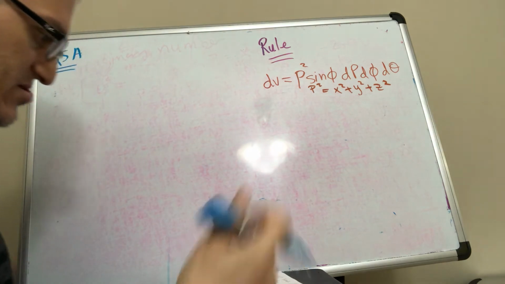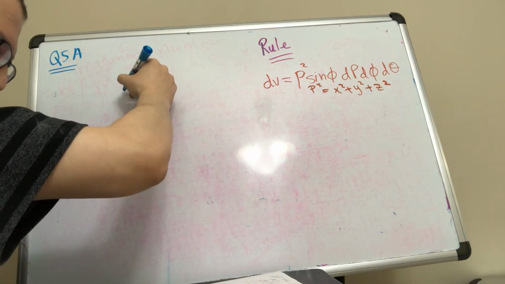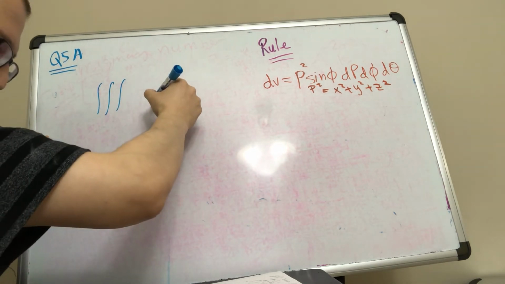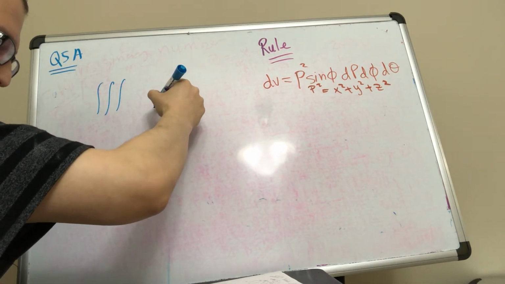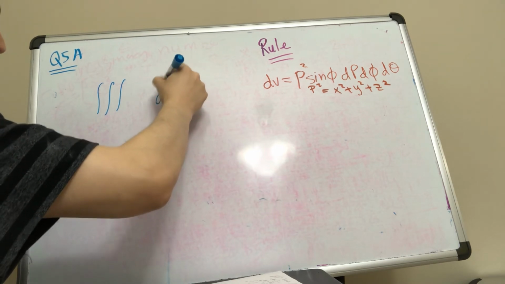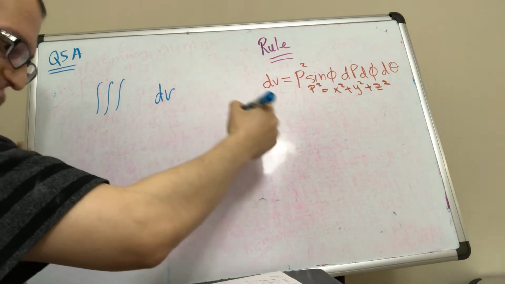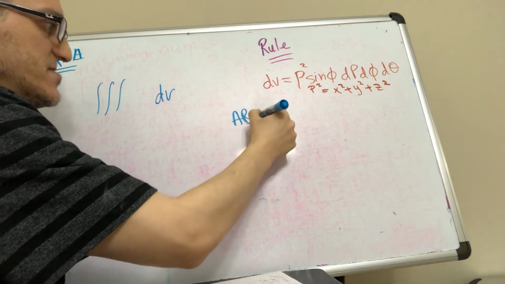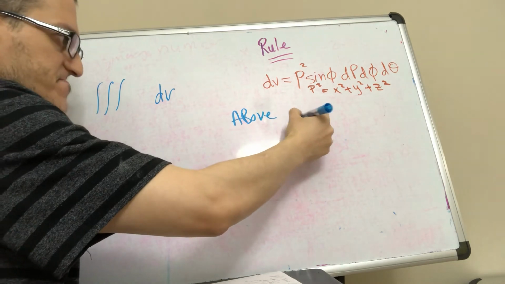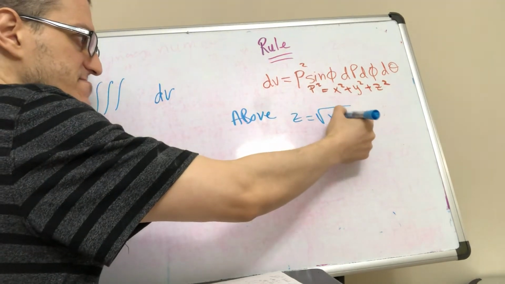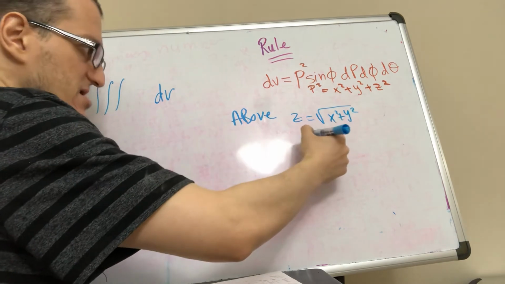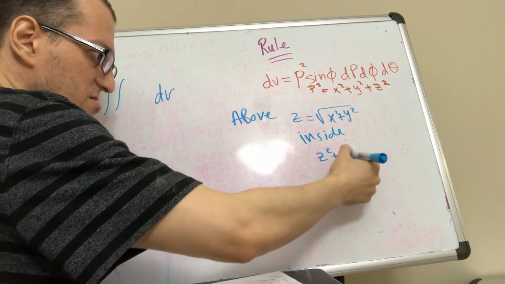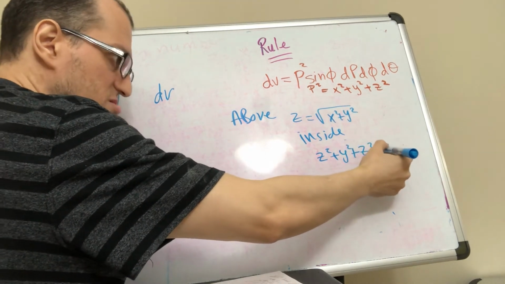So the question was, just integrate dv, and they tell you in the question, that's 5b, that above this, inside x squared, y squared, z squared is 2.